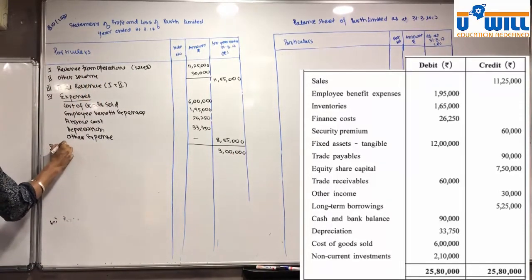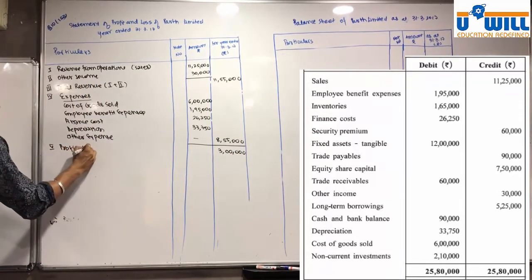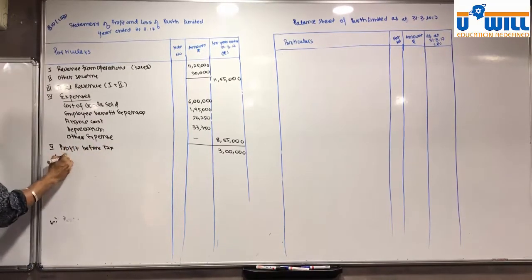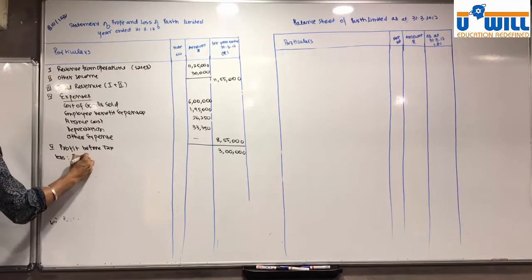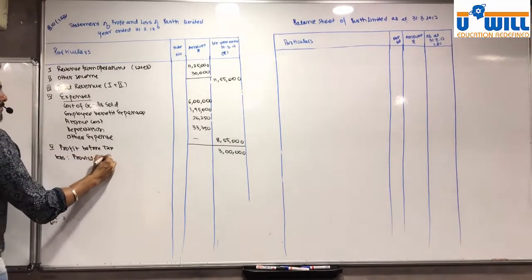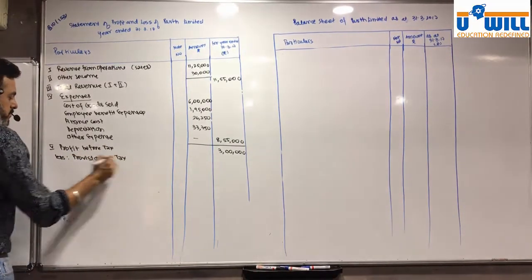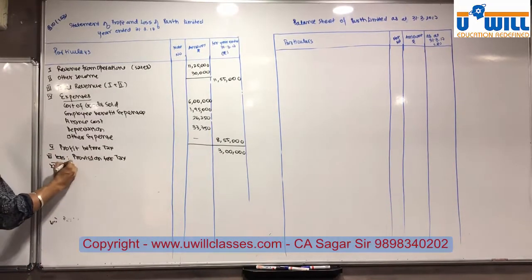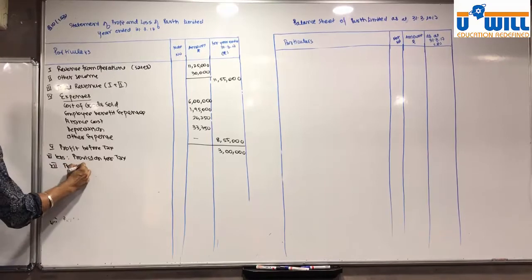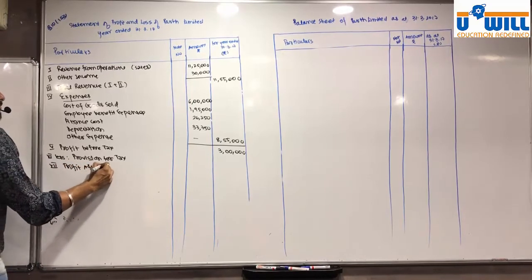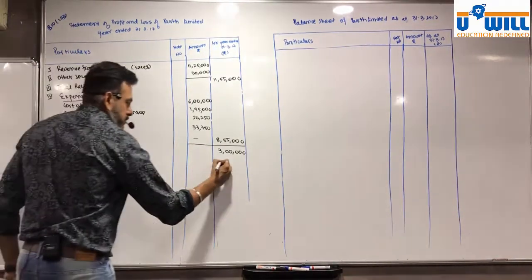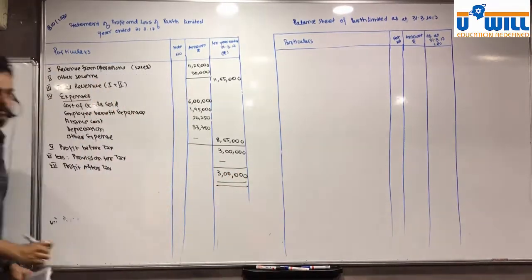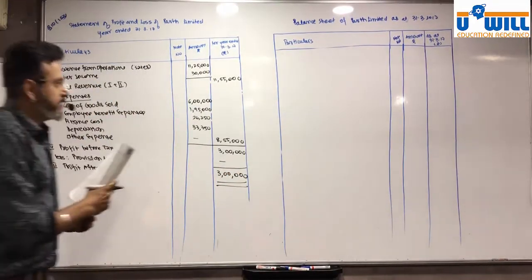Fifth, profit before tax less provision for tax. Sixth and seventh, profit after tax. We go to balance sheet.